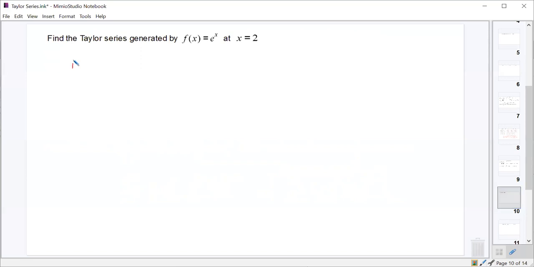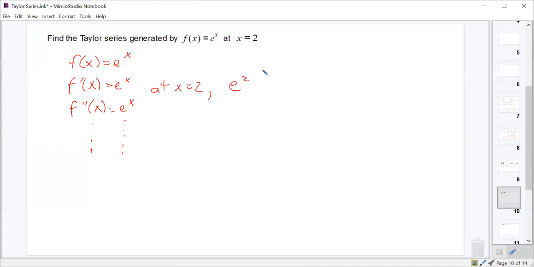We know what f of x is. f of x is e to the x. f prime of x is also e to the x. f double prime of x, and so on. All of these are just e to the x, right? And so evaluated at x equals 2, these would all be e squared. So we're going to get a constant of e squared in front of all of them.